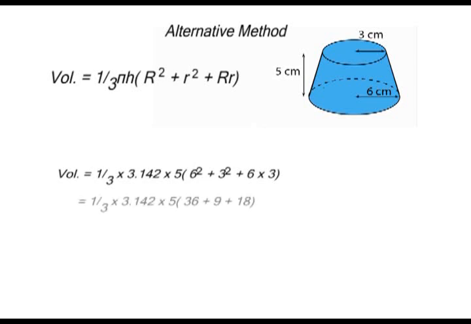That will give us a third times 3.142 times 5 times (36 plus 9 plus 18). That will give us a third times 3.142 times 5 times 63. And finally we get 329.91 cubic centimeters, the same volume.